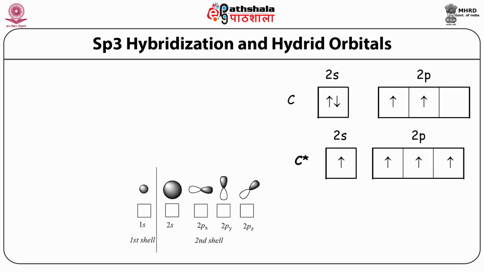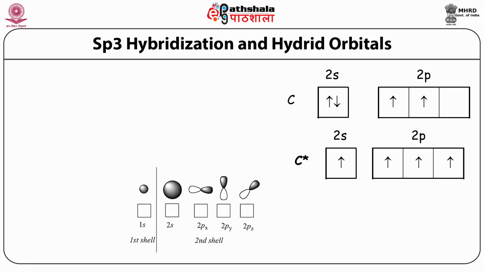For carbon, in general, there are 3 possible hybridizations, that is sp, sp2, sp3, which we will discuss in this module. So now students, let us discuss the sp3 hybridization. CH4 is the best example exhibiting the sp3 hybridization.